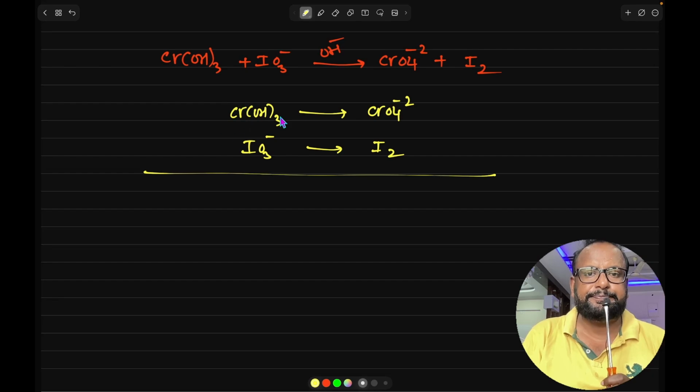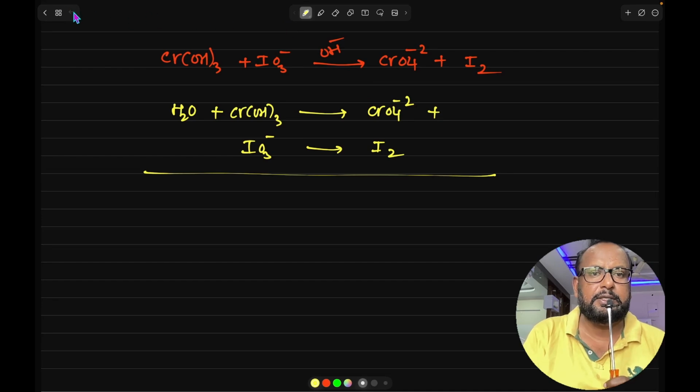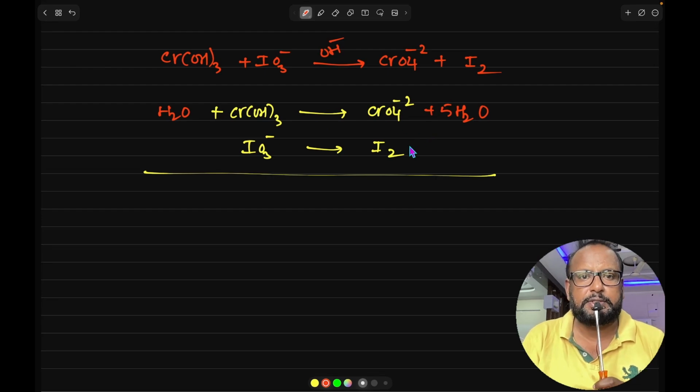The first one, chromiums are already balanced. We have oxygens 3, 4 oxygens. So I need 1 oxygen. So I add 1 H2O. I got 5 hydrogens. So I'll change the color of the pen. So here I got 1 H2O. Here I got 5 H to balance the hydrogens.